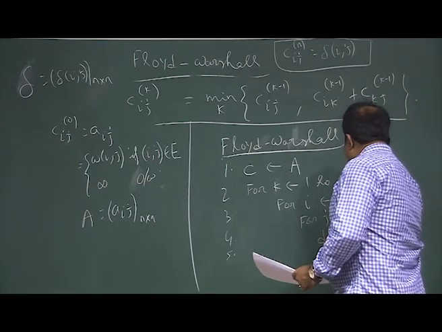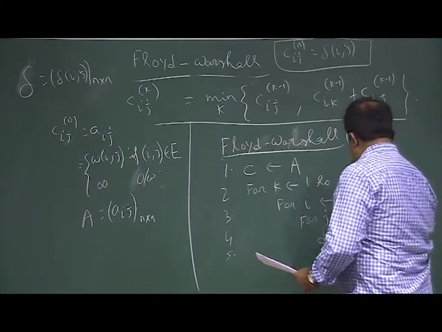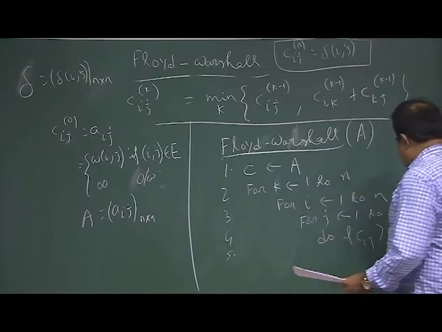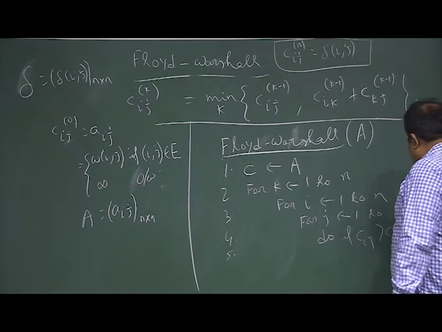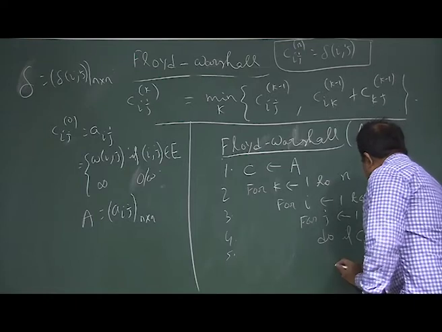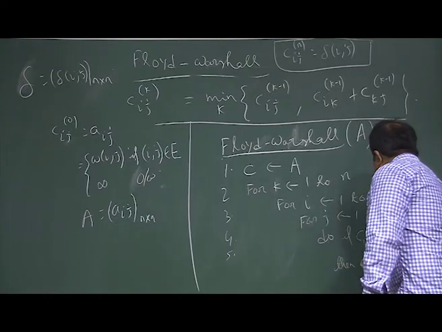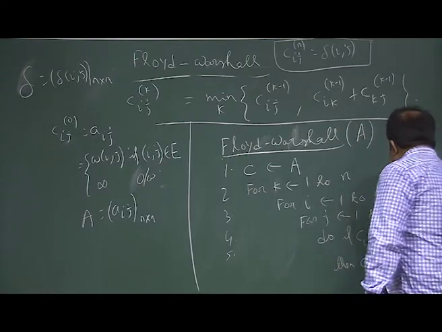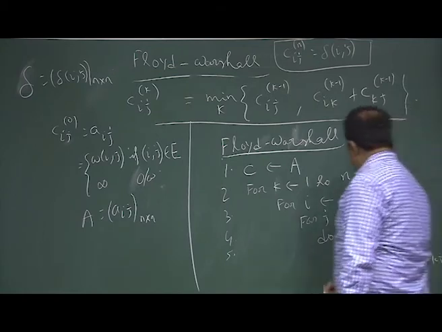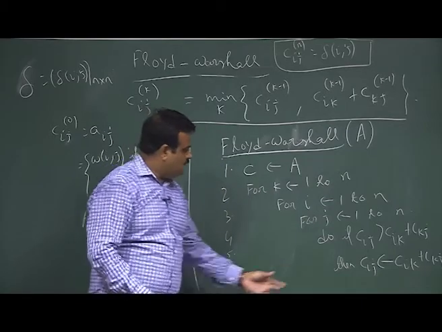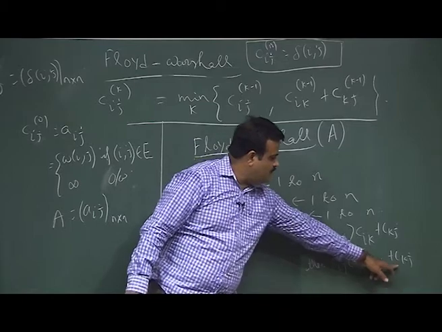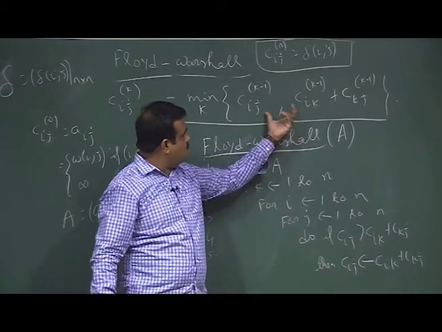Do: if Cij is greater than Cik plus Ckj, then Cij is replaced by Cik plus Ckj. This is the minimum one, we are storing this.